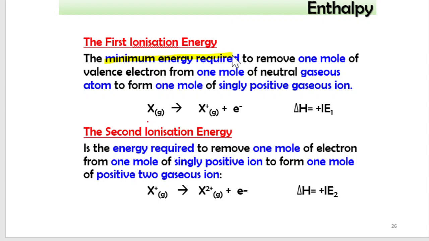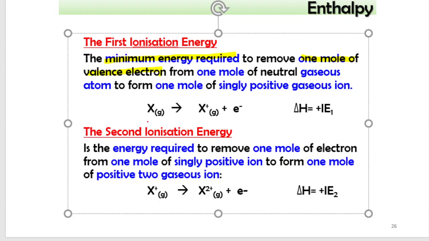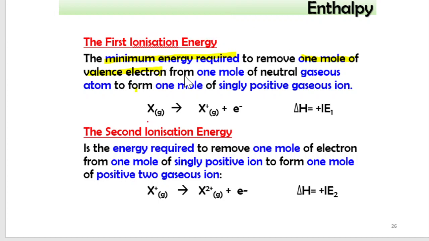Minimum energy required to remove 1 mole of valence electron, 1 mole of electron from 1 mole of neutral gaseous atom, okay, and to form 1 mole of your singly positive gaseous ion.